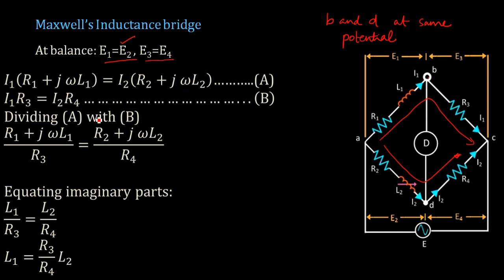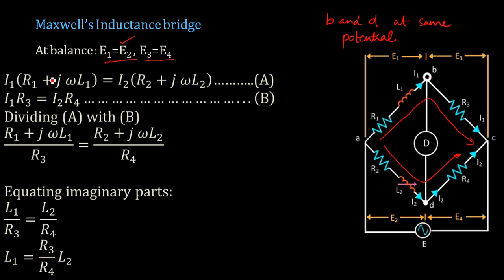Now what you can do is I1 into R1 plus j omega L1, which is the impedance of this branch, equal to I2 into R2 plus j omega L2.